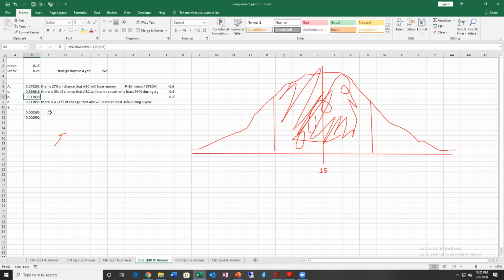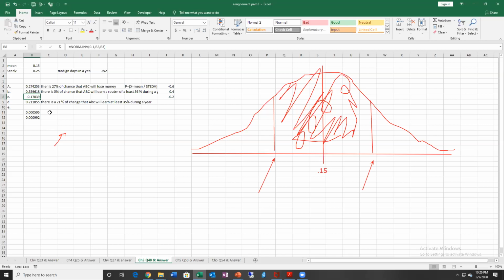Plus and minus 3? How'd you get 3? You were right about the standard deviation. 68% of the data lies between -1 and +1 standard deviations, right? Correct. So what would this number here to the left be? If the mean is 0.15 and the standard deviation is 0.25, what would this number be?